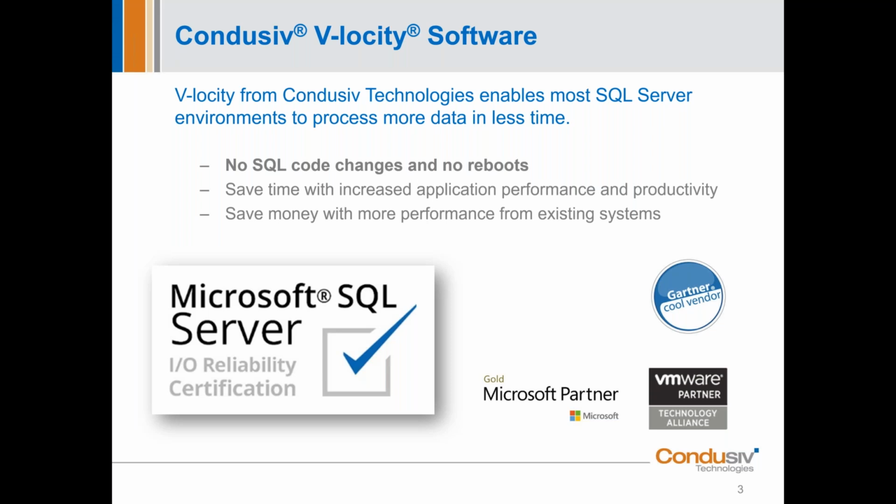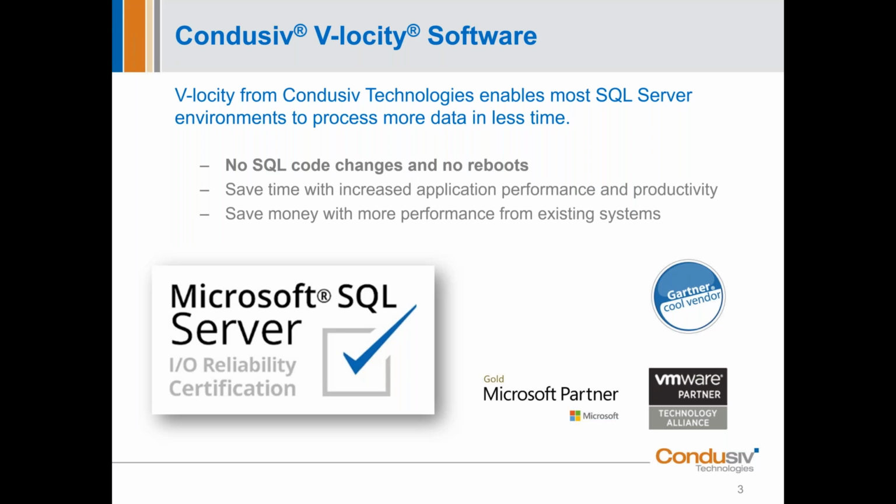The Velocity software reduces the amount of storage I/O traffic that has to go out and be processed by the disk storage layer, and streamlines or optimizes the data which does still have to go out to disk. The net result is that SQL can get more transactions completed in the same amount of time, quite simply because on average, it's not having to wait so much on the storage before being able to get on with its next transaction.